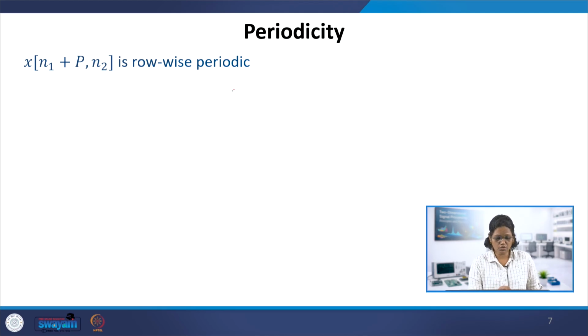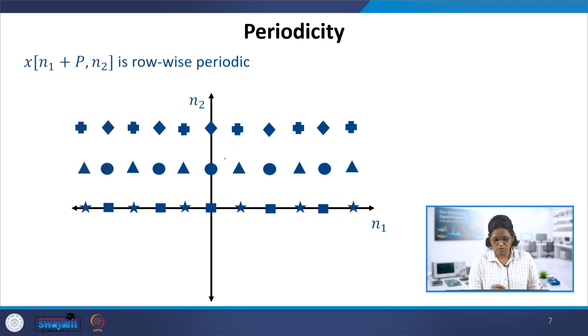So let us visualize how x of n1 plus p comma n2, that is row wise periodic, appears. In a 2D signal, n1 is this and n2 is this, and there are some samples shown with different shapes to distinguish the data samples. Suppose this is one value and this is another value, and so on: 0, 0; 0, 1; 1, 0; 0, 1 here; this is 1, 0; 2, 0 and so on.